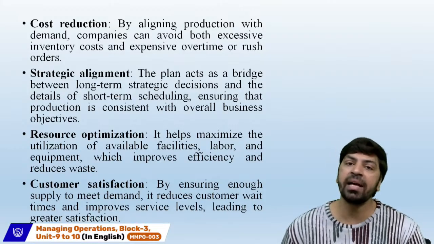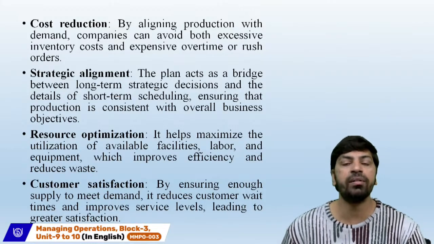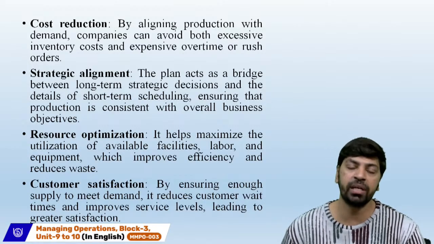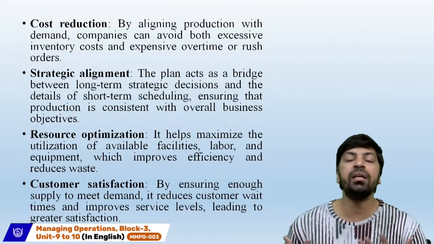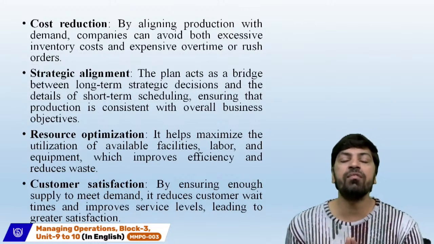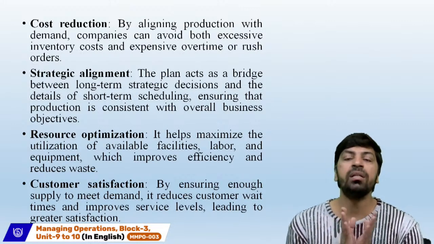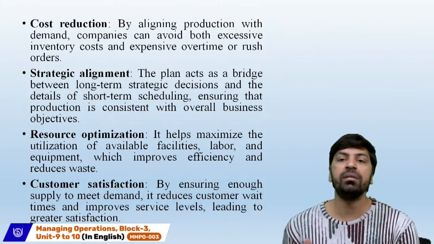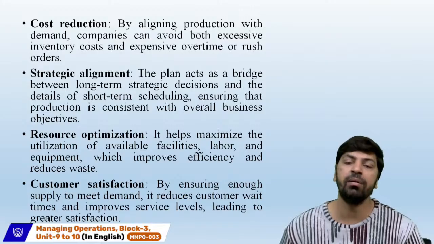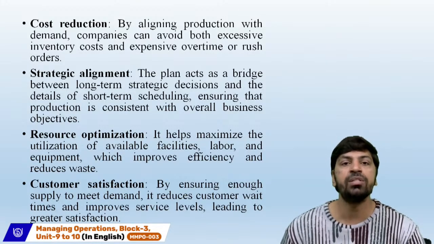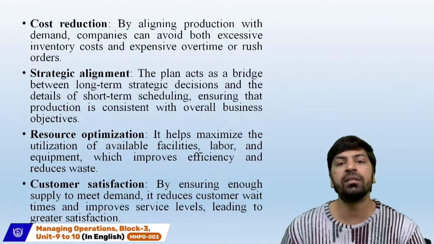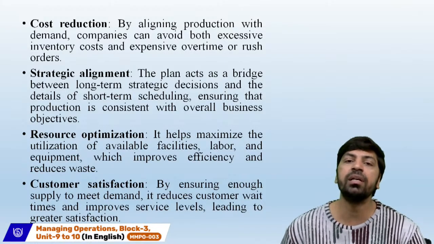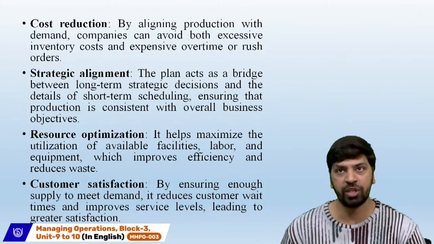The plan acts as a bridge between the long-term strategic decisions and the details of the short-term scheduling, because after all the main aim is to serve as a bridge between the long-term strategic goal and the short-term scheduling planning process. So it also ensures that the production is consistent with the overall business objectives.